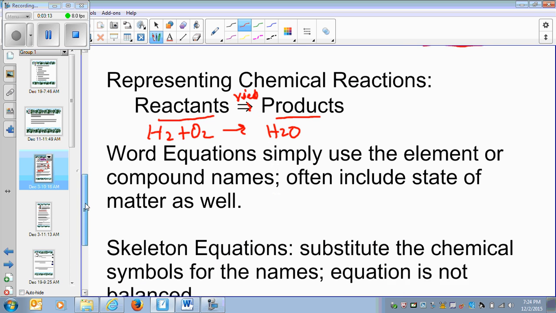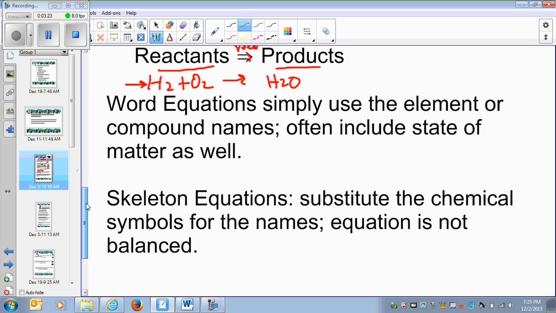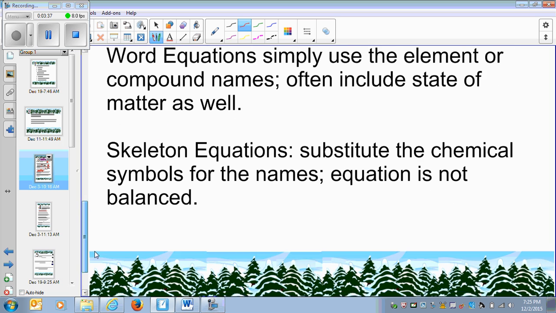So we will talk about word equations, where we simply write the names, or symbolic equations, the chemical equations. We call them skeleton equations, and we substitute the names with the chemical symbols, and not necessarily is that equation balanced. So in this video we will learn how to balance those equations.